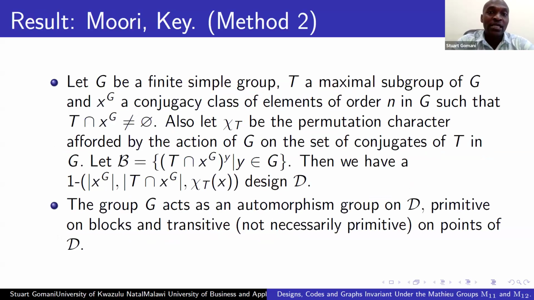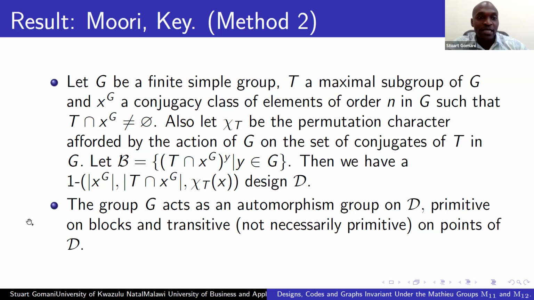So the construction technique is according to Mori and Key, and it is such that if you let G be a finite simple group, you select a maximal subgroup from that group, and you also select a conjugacy class of elements of some order in the group.